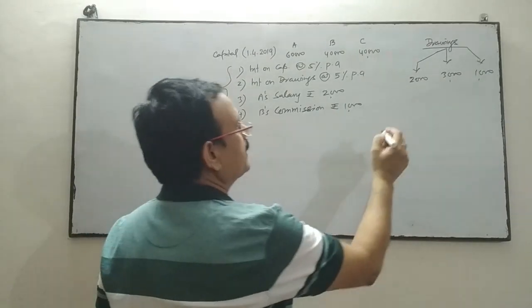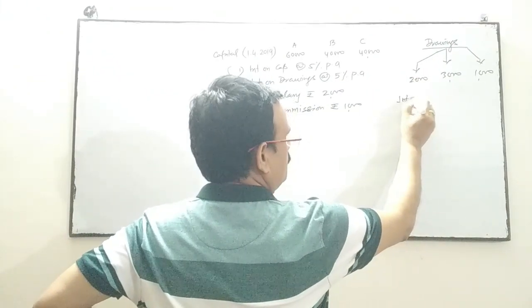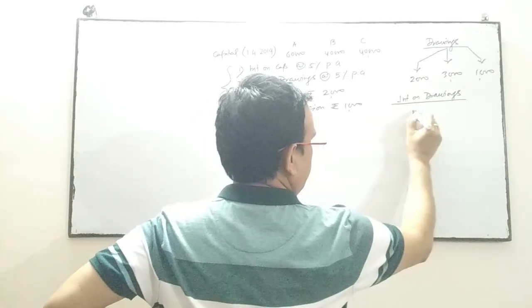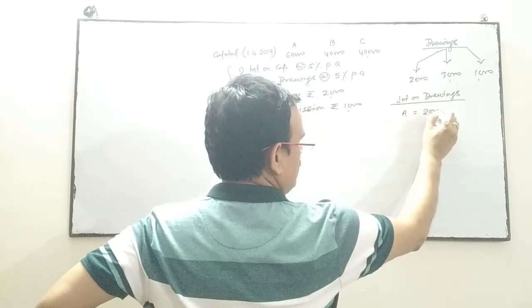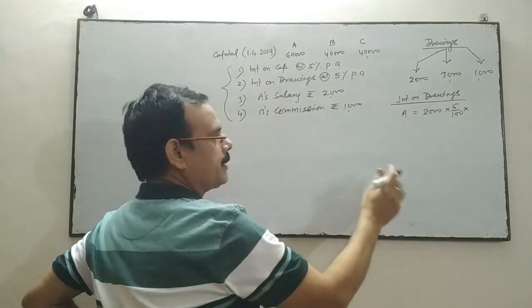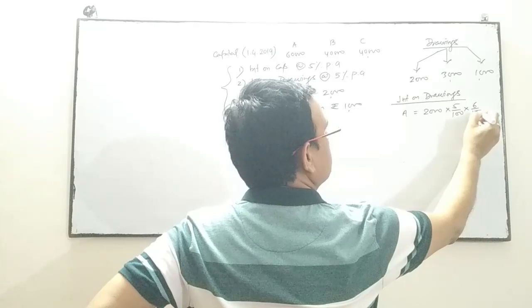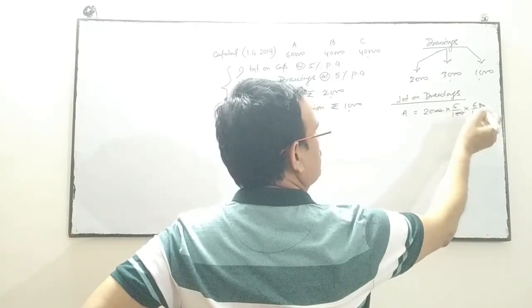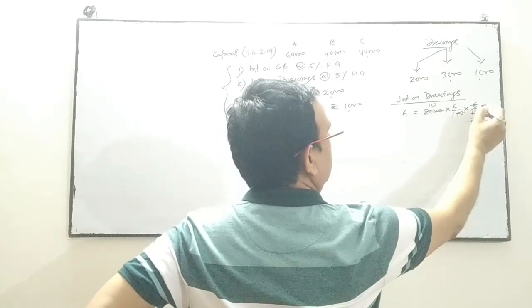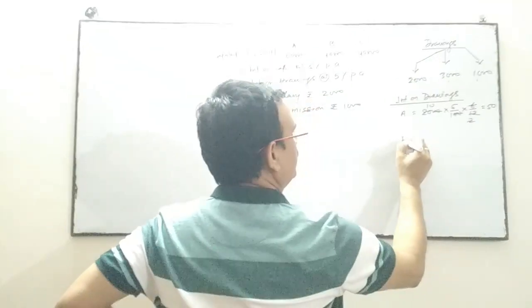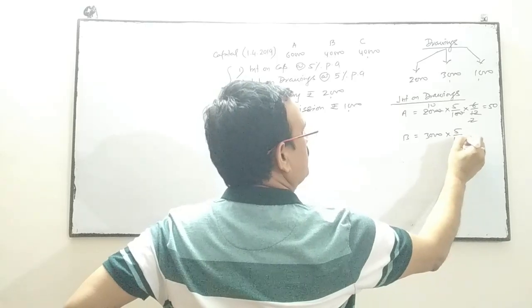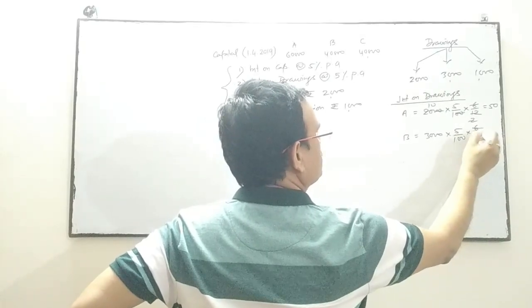So we'll first calculate the interest on drawing. Interest on drawing is equal to drawing 2000, rate of interest 5%, and the date of drawing has not been given, so the interest will be calculated for 6 months. It is 50 rupees. For B, drawing is 3000, rate of interest is 5%, 6 upon 100 for 6 months.